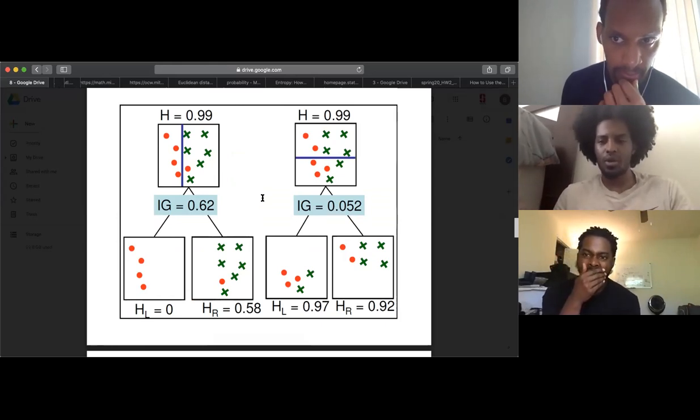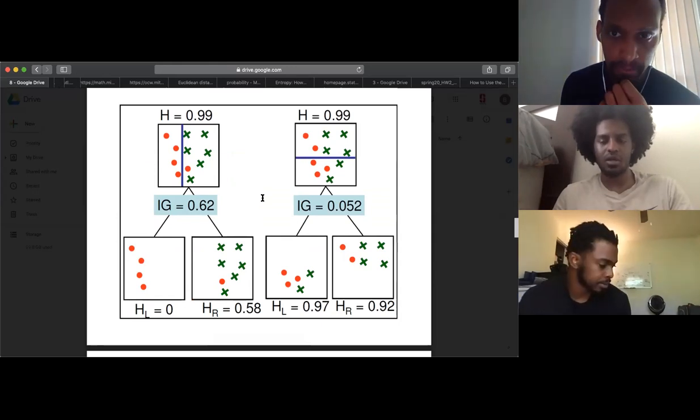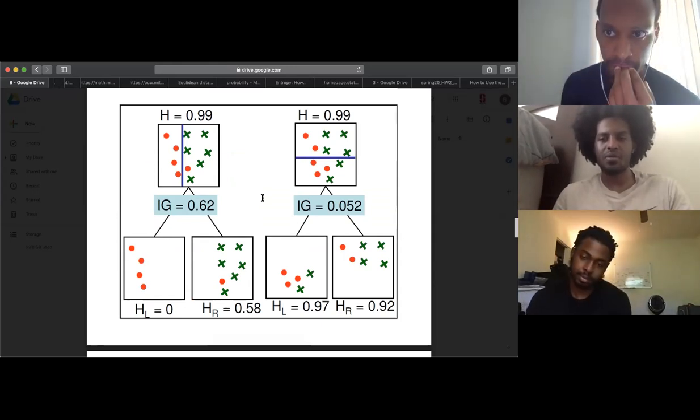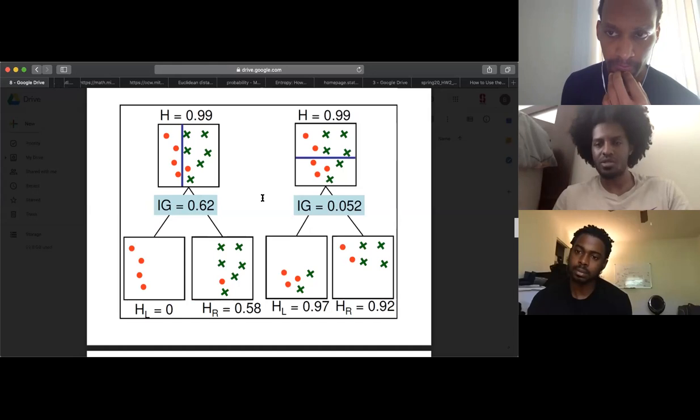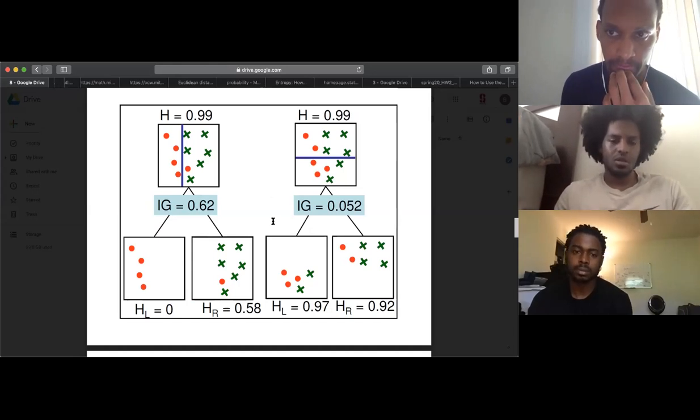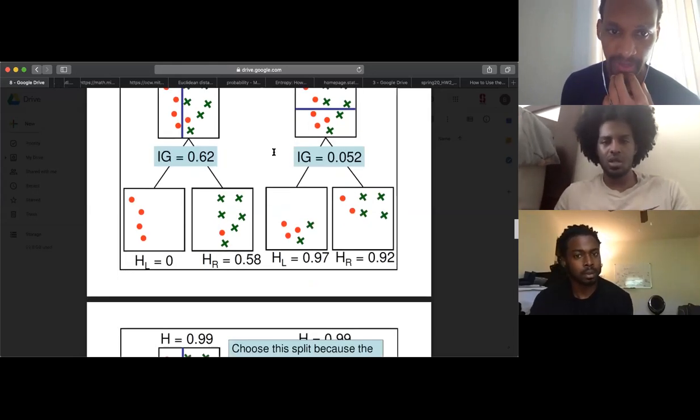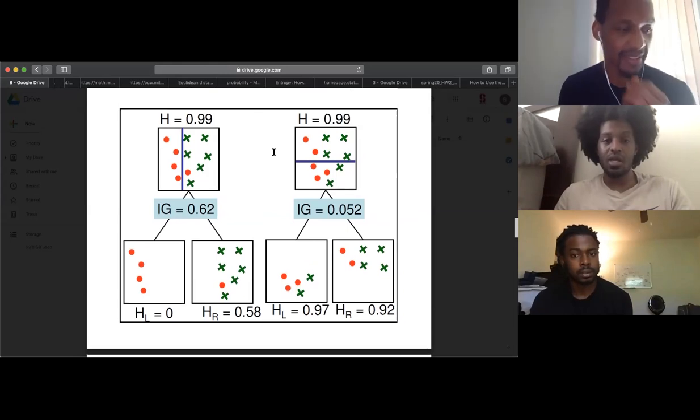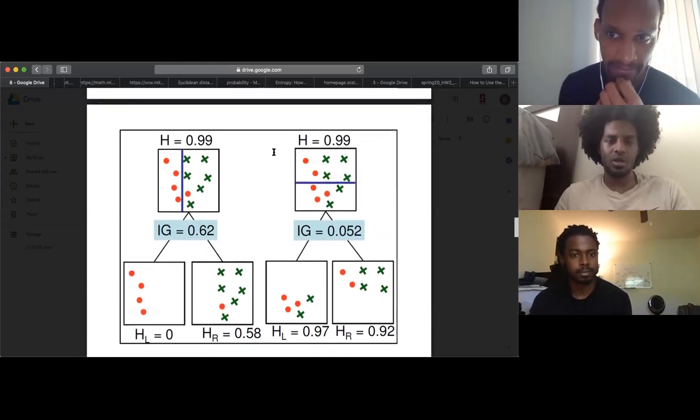A ton of healthcare, like disease diagnoses, happens through decision trees. Kevin likes it. Yeah, it's super useful, and it actually is fairly logical.